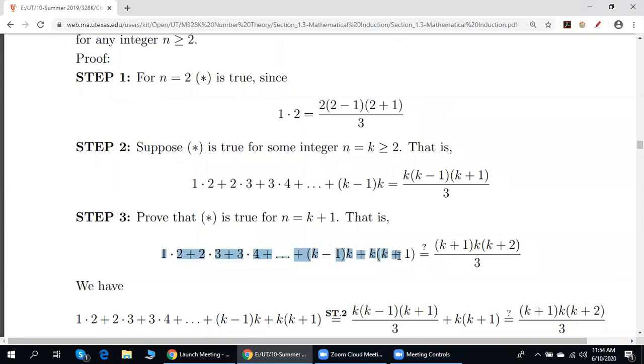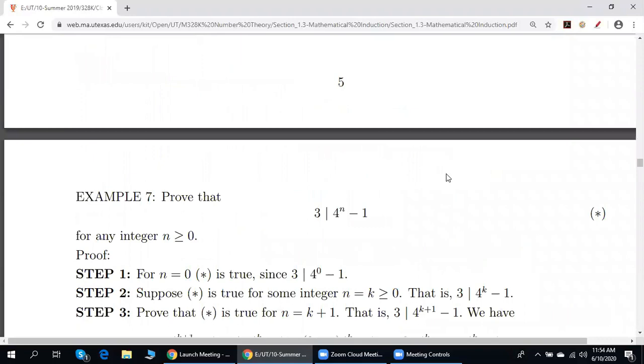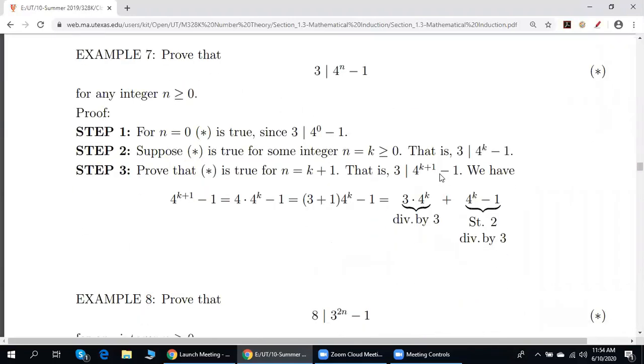This is step 3 term. This is step 2 term. We replace step 2 term by this. But how can we do it here? Here's an idea. Note that 4 to k plus 1 can be written as 4 times 4 to k's power.